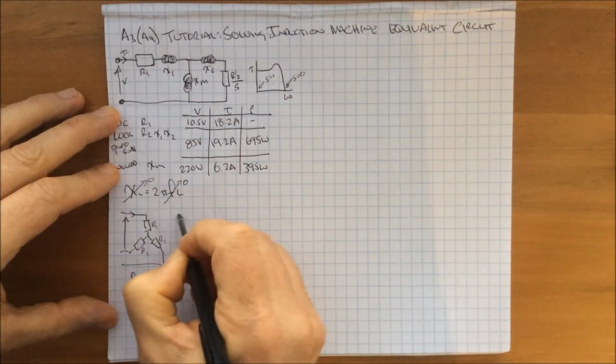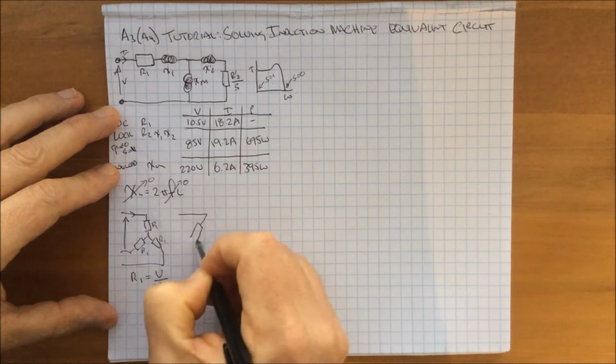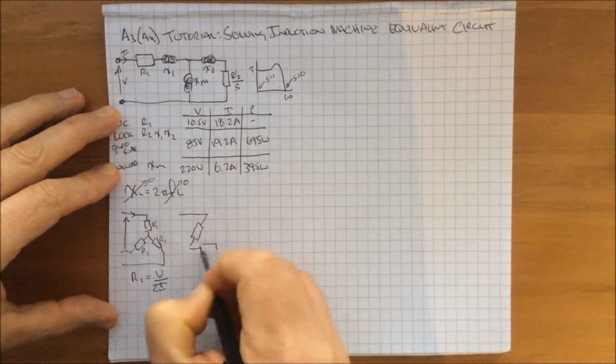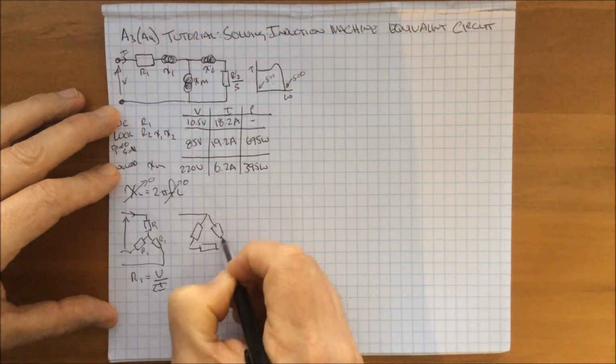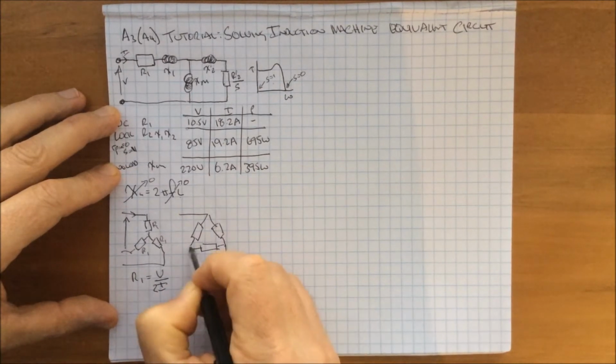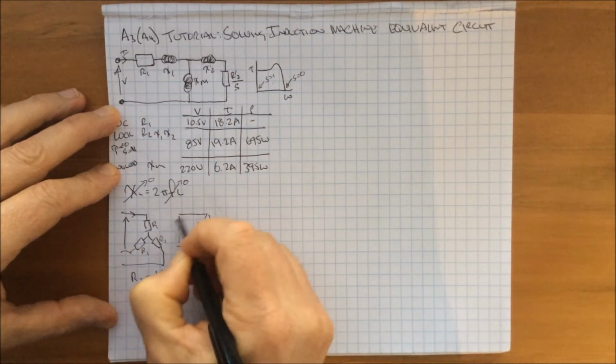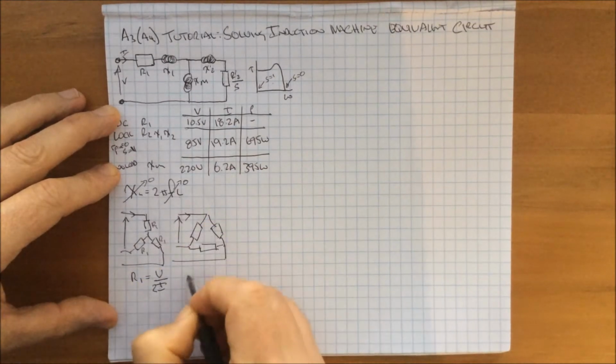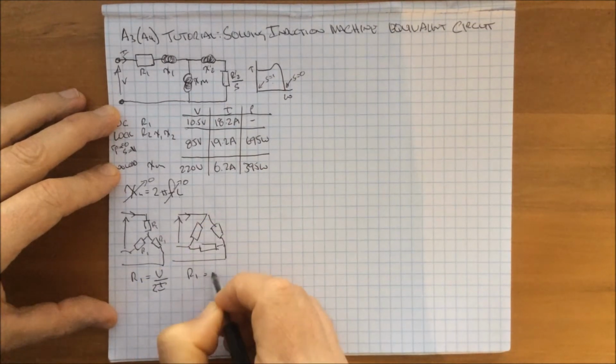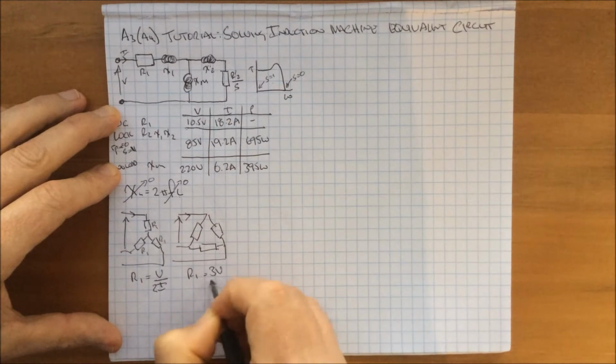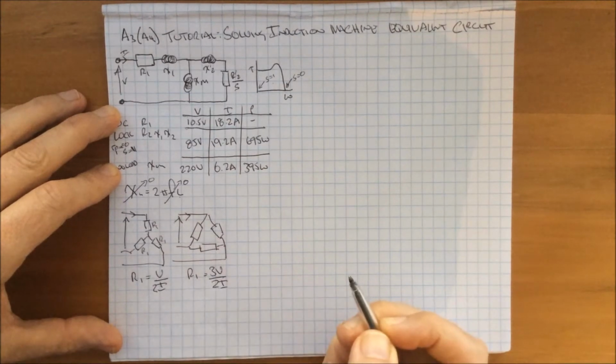If it's connected in delta, we would be measuring that, in which case R1 is 3 times the voltage over twice the current.